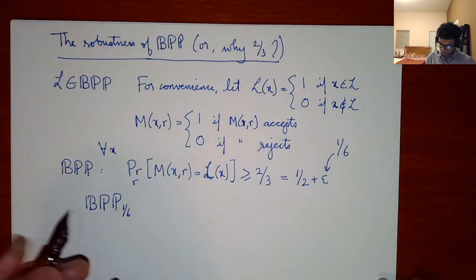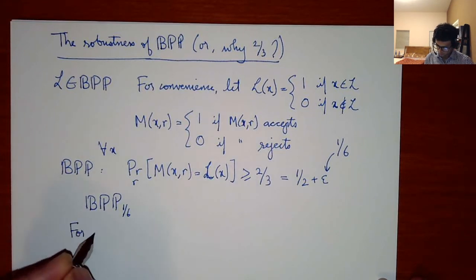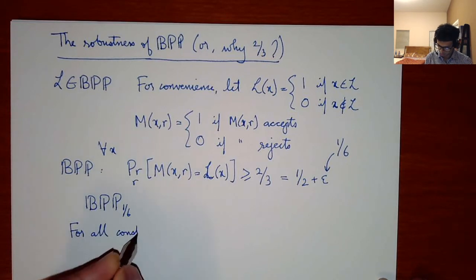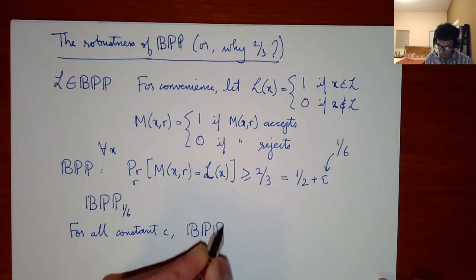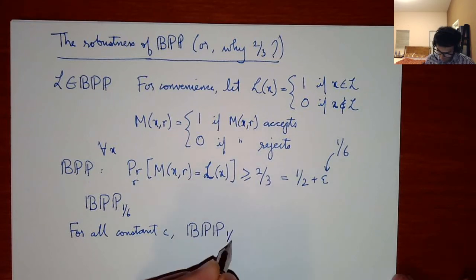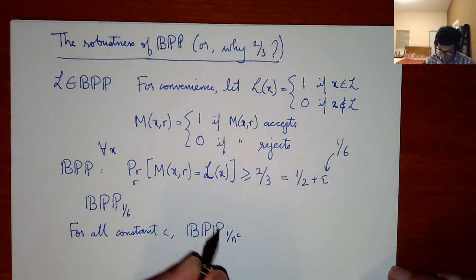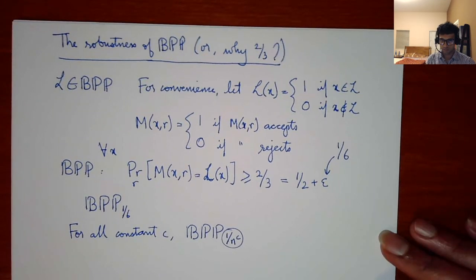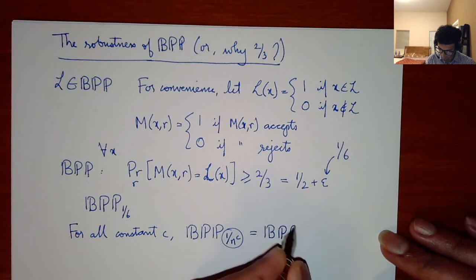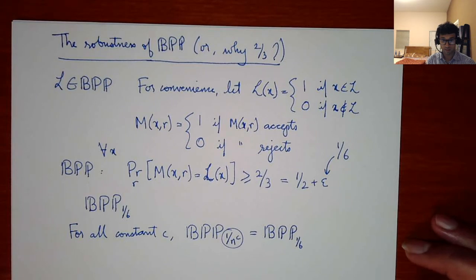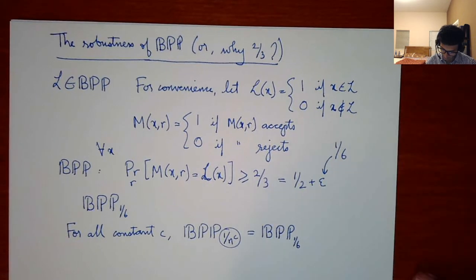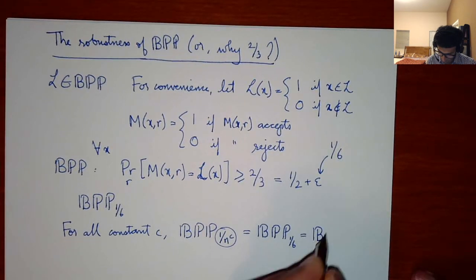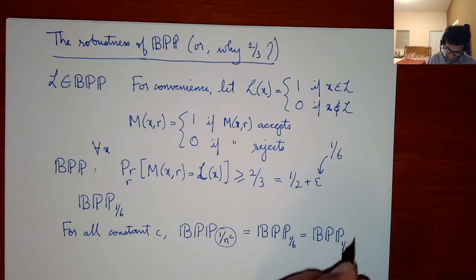And what we'll show is that for all constant c, BPP of 1 divided by n to the c, like this is really small, is the same as the BPP with 1/6, and is actually the same as BPP of half minus, I mean, it turns out to be, 2 to the minus n to the c.